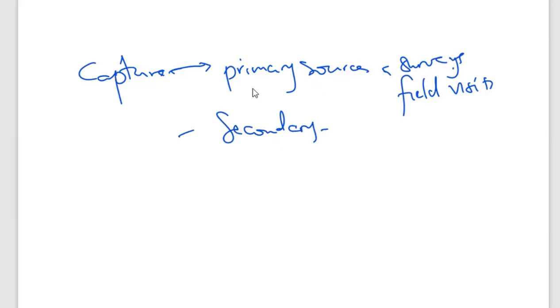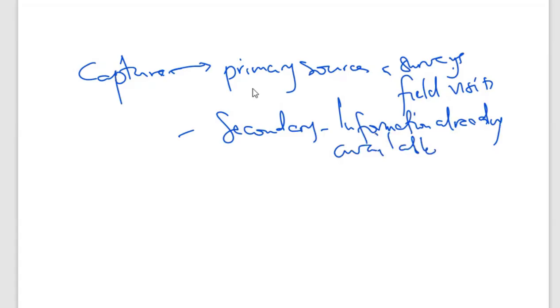Secondary sources, we are referring to information that is already available. Maybe we are looking at newspaper articles. The newspapers have established such information and it's in print. We can also access it and capture it in the GIS system.